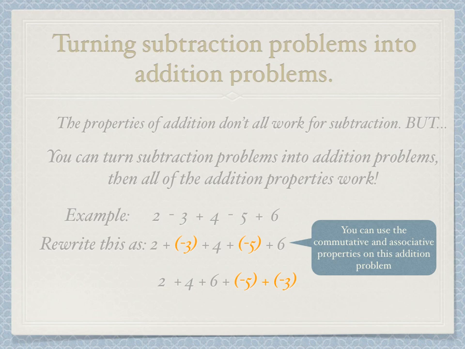So 2 plus 4 plus 6, well, that's 6 plus 6, that's 12. And negative 5 plus negative 3, that's negative 8. So I get 12 plus negative 8. And then the property of subtraction says that 12 plus negative 8 is the same thing as 12 minus 8. 12 minus 8 is just 4. So by rewriting the subtraction problems as addition problems, I can make use of some grouping and rearranging that makes the problem a little easier to do.